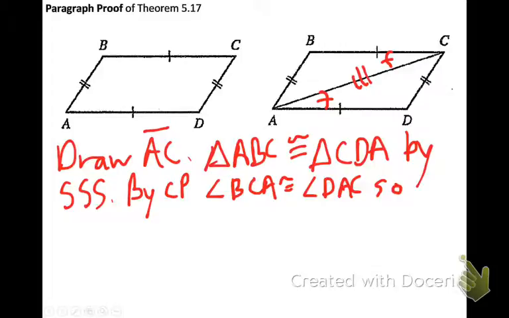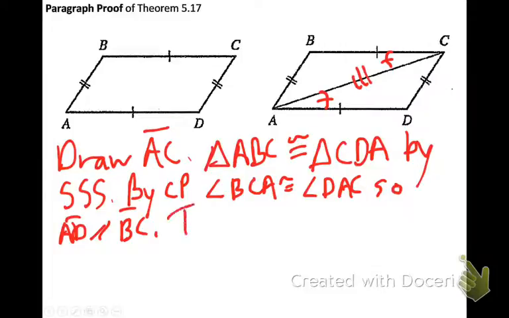What does that tell me about the lines if the alternate interior angles are congruent? Christopher? AD is parallel to BC. Yeah, so we could say AD is parallel to BC. That's by converse of AIA.